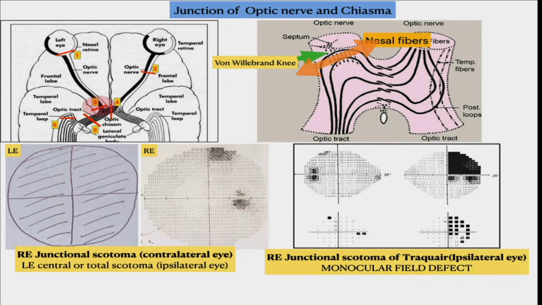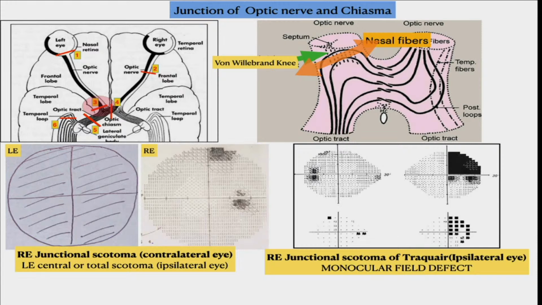There's something called a junctional scotoma of Traquair. That is often confused with a normal junctional scotoma. But beware, what's happening here is that we just mentioned that the nasal fibers looping around, that was also compressed. But in a junctional scotoma of Traquair, it's actually the lesion just pressing either on the nasal or the temporal fibers of only one nerve.